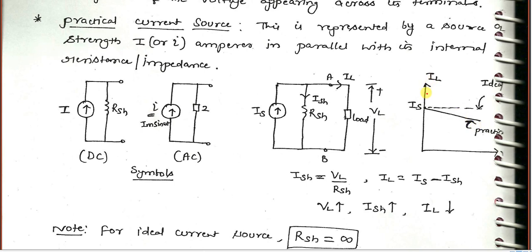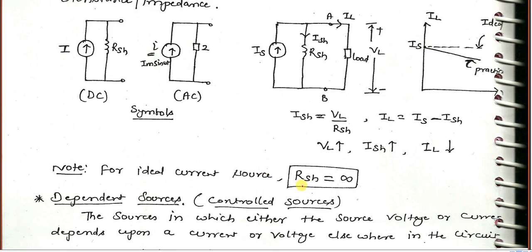IL will be less than that source current value because some current will flow through the shunt resistance RS. If you apply KCL here, IS is equal to ISH plus IL. IL is equal to source current minus shunt current. As you increase the voltage, the shunt current also increases and IL decreases.